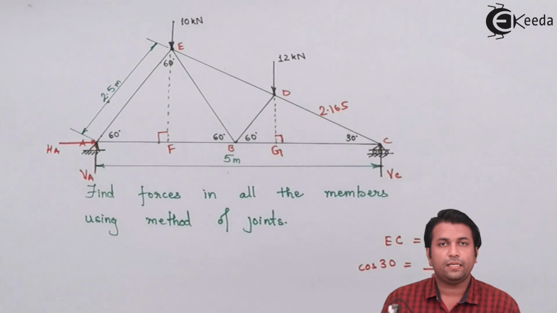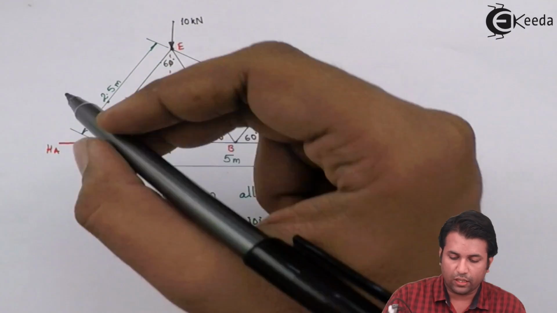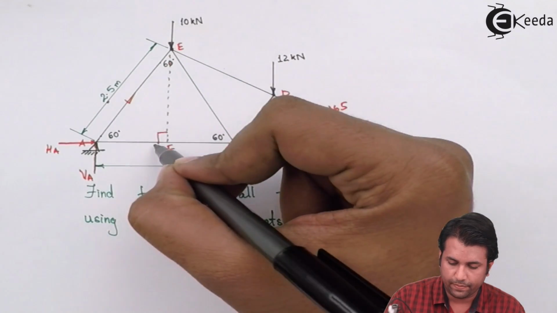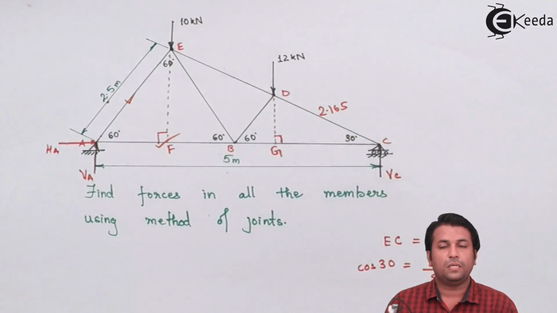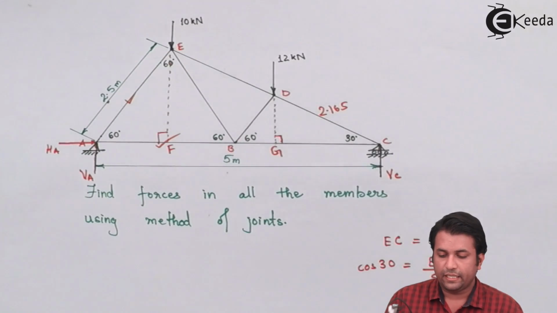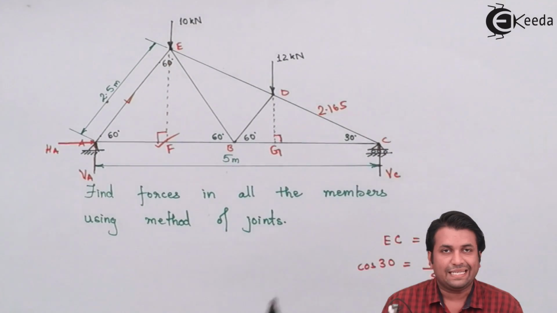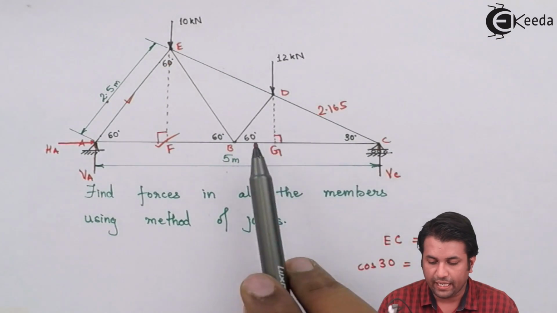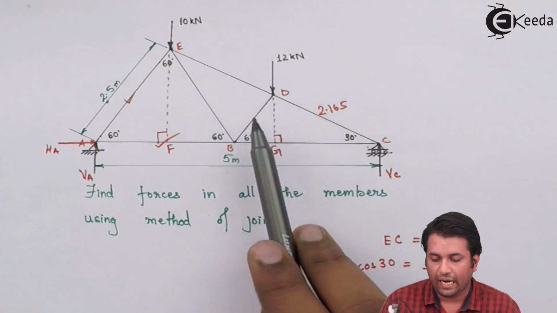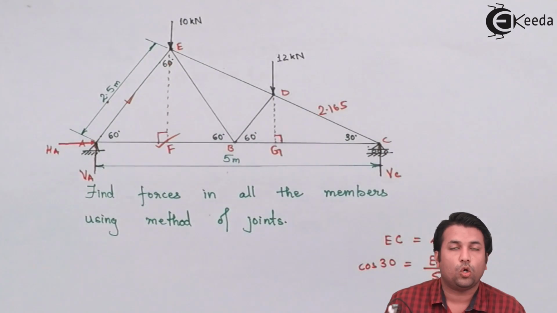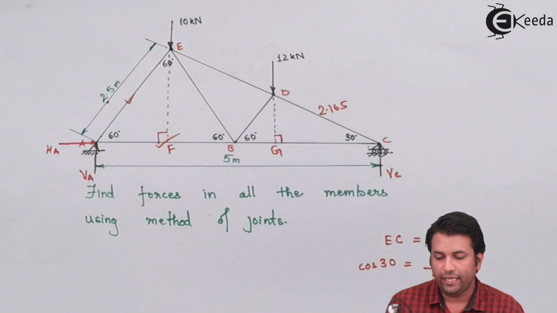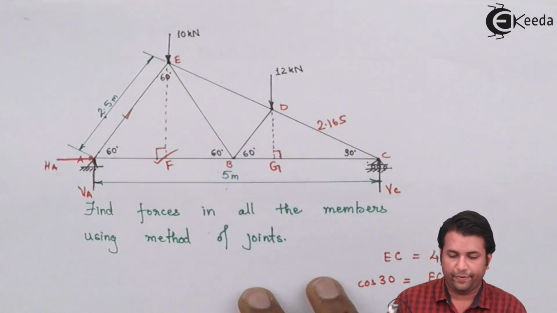So by doing this for joint A, I got the force in the members AE and AB. Now, what I can do is move on to the next joint, say for example, joint C. If I go to joint C, again, the members BC and CD are not known to me. So again, two unknown forces, I can take joint C and go ahead.